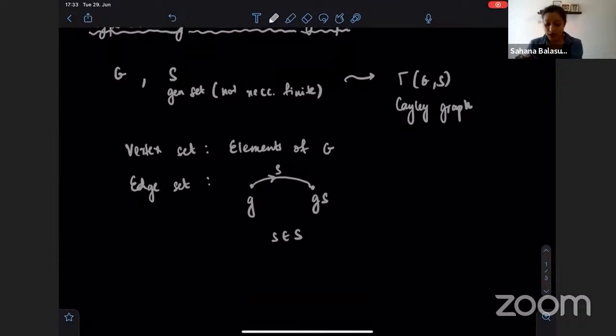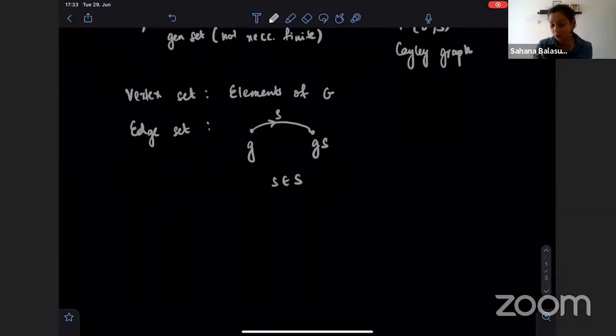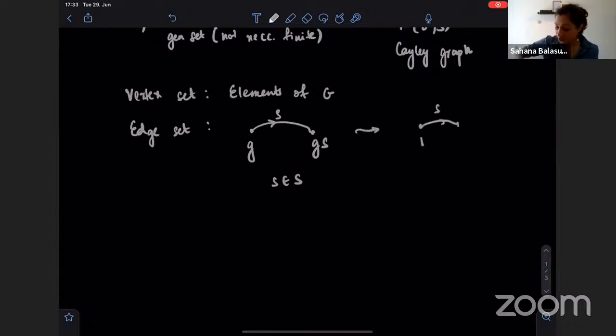The reason we follow this convention is because this is what is compatible with the left isometric action of your group. So if you act isometrically by g inverse on the left in this picture, what you get is that the identity is attached by s to the element s.